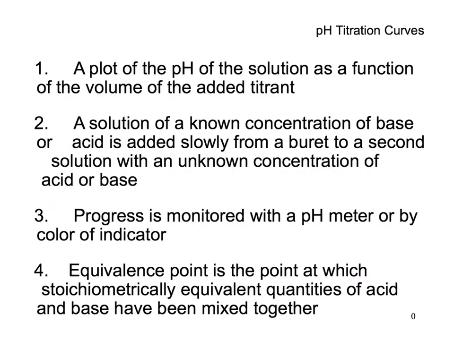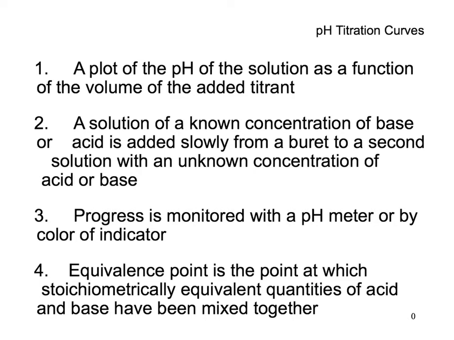All right, so this brings me to what pH titration curves are. Like I said, you can use an indicator to monitor your reaction, or you can use a pH meter to do so.